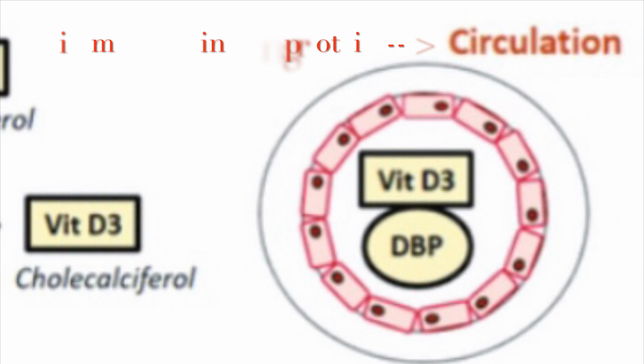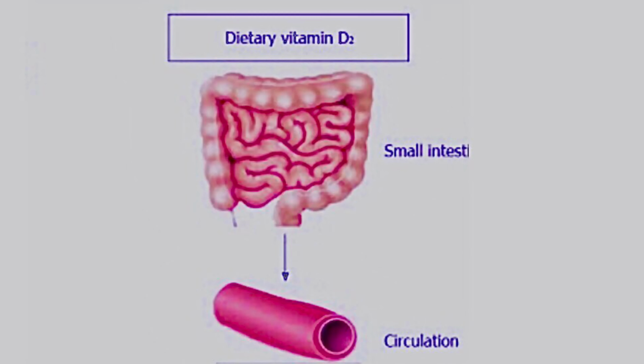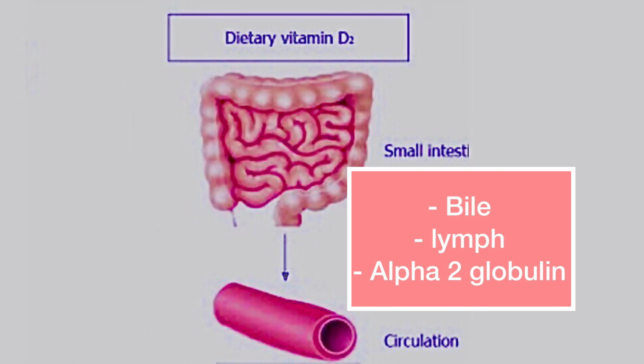Once vitamin D3, that is cholecalciferol, is synthesized, it is translocated from the epidermis into the circulation by the vitamin D binding protein. Similarly, ergocalciferol is absorbed in the intestine in presence of bile. Further, through the lymph, it enters the circulation bound to the plasma alpha 2 globulin.